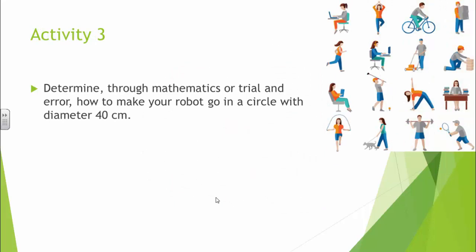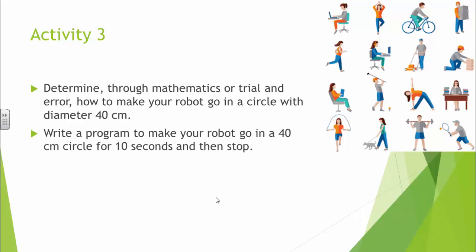Okay, if you've made it through all those activities, you can also go ahead and use math. Take the radius of your wheel. Try to calculate how to make your robot go in a circle with diameter 40 centimeters. If you're not real good with math, you can always just simply do trial and error to do that.